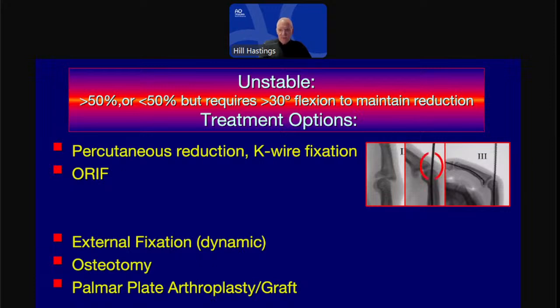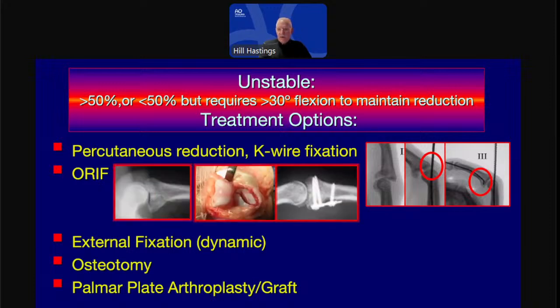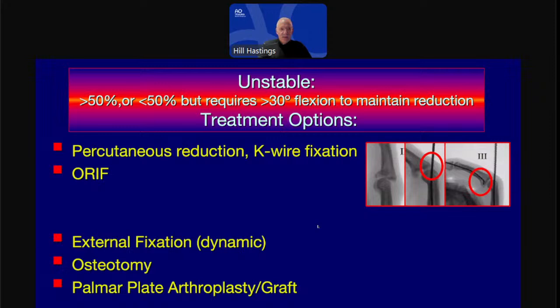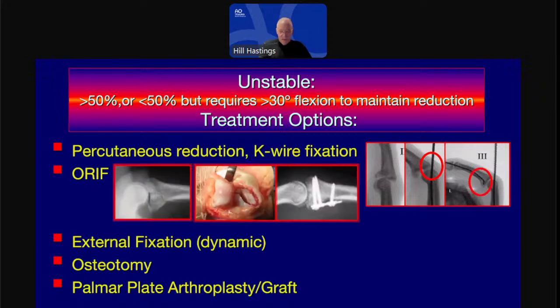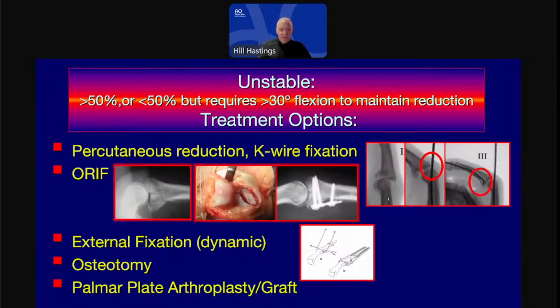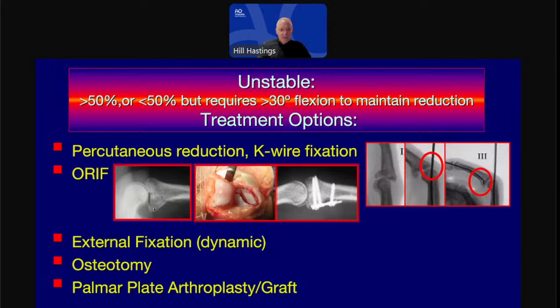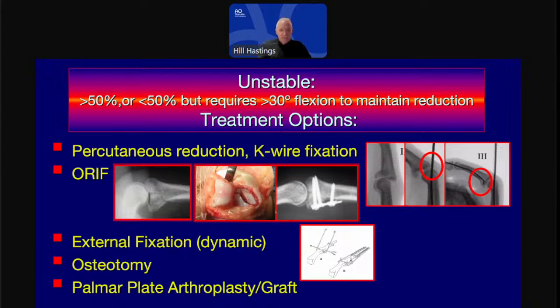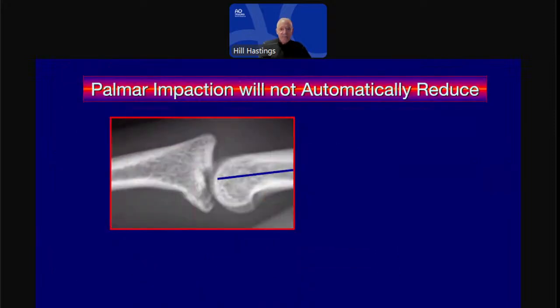Sometimes you can manipulate intra-articularly with a small K-wire to reduce parts that are depressed. Open reduction, particularly if you have a single volar piece, can be very, very fruitful and is shown. External fixation. Osteotomy hasn't been mentioned, but I'll show you osteotomy in a minute.